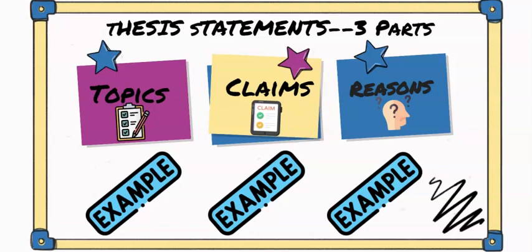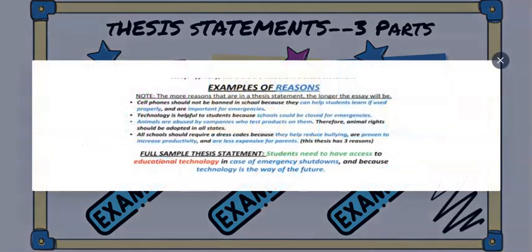And then there are examples of reasons that go with those topics and claims. The more reasons that are in a thesis statement, the longer the essay will be. Cell phones should not be banned in school because they can help students learn if used properly, and are important for emergencies. Technology is helpful to students because schools could be closed for emergencies. Animals are abused by companies who test products on them.